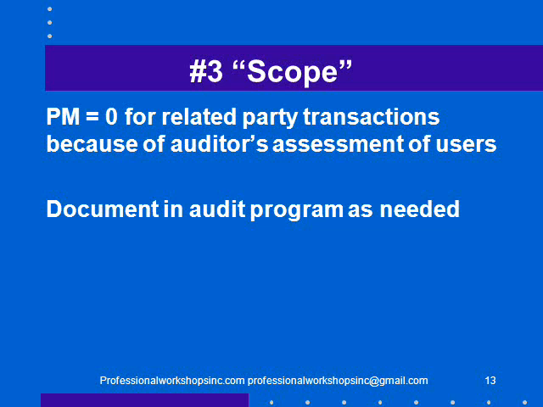So number 3, scope. For instance, we might decide to set performance materiality at 0 for related party transactions because of our assessment of the users. And that would probably be best documented on the audit program for related party transactions.